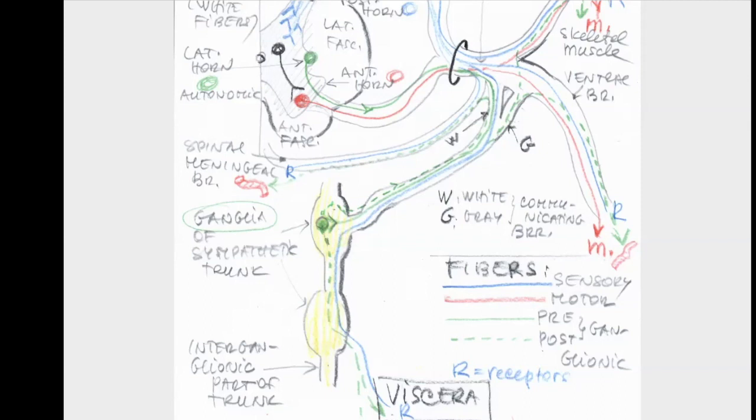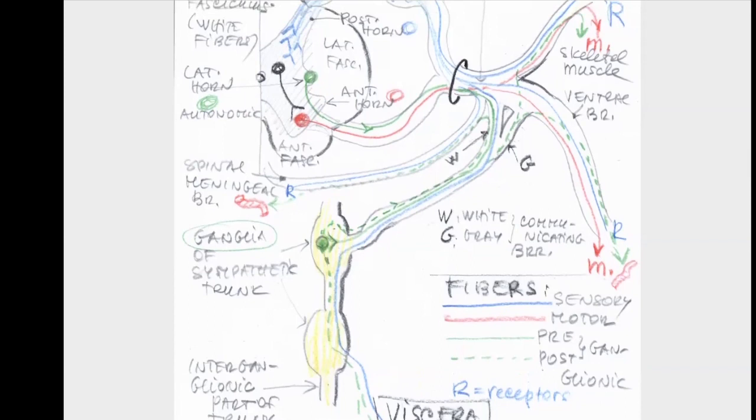You see above that, you see also the small thin fibers. In blue, we see the sensory. In the red, we see the motor. And finally, in two green lines, we can identify the preganglionic, that is the solid, thin green line, and postganglionic means the interrupted. So this was the autonomic reflex arch.